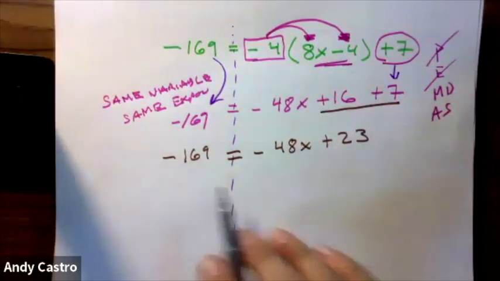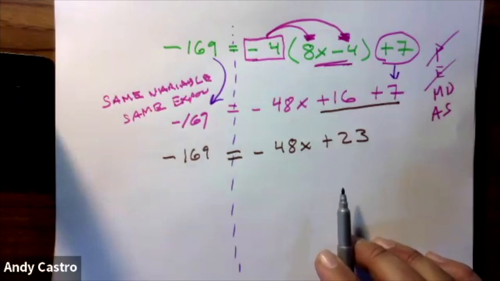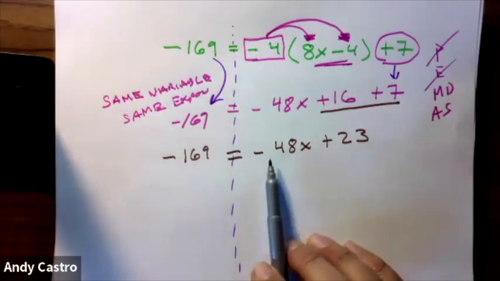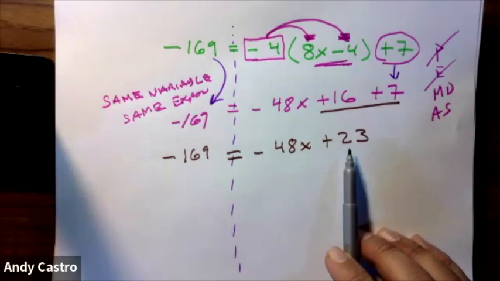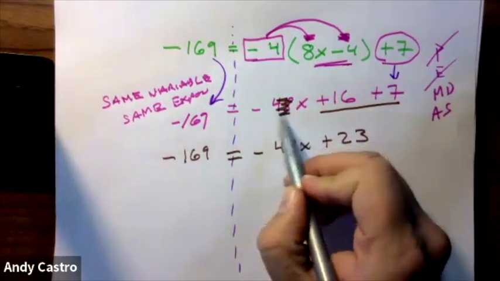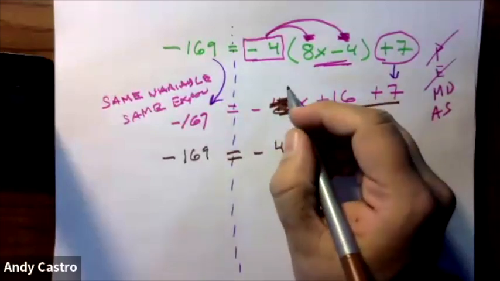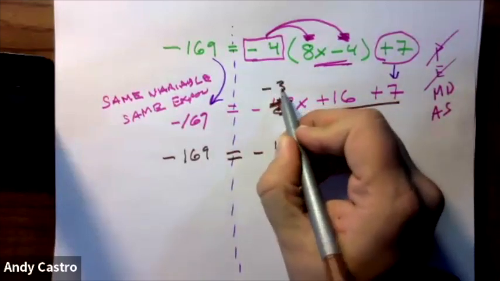All right, now this looks a little bit more manageable. I've got a negative 169 equal to negative 48 plus 23. I'm sorry, that should be 32. What am I doing? Negative 4 times 8 is negative 32.